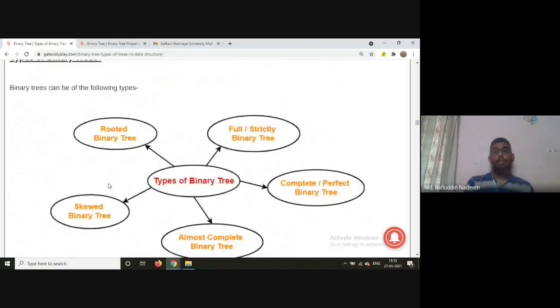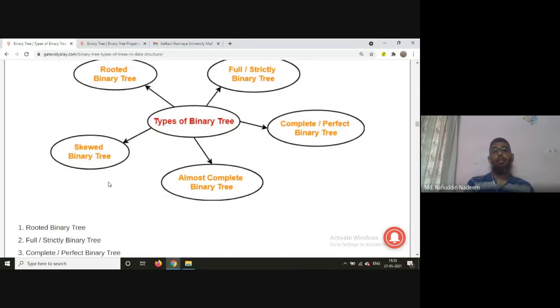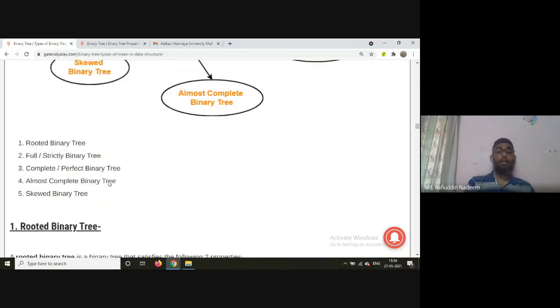Okay, so the definition. If you practice once or twice, it will be helpful for you, because by seeing the diagram itself, you can simply identify whether it is a rooted binary tree, a full or strictly binary tree, a complete or perfect binary tree, an almost complete binary tree, or a skewed binary tree.